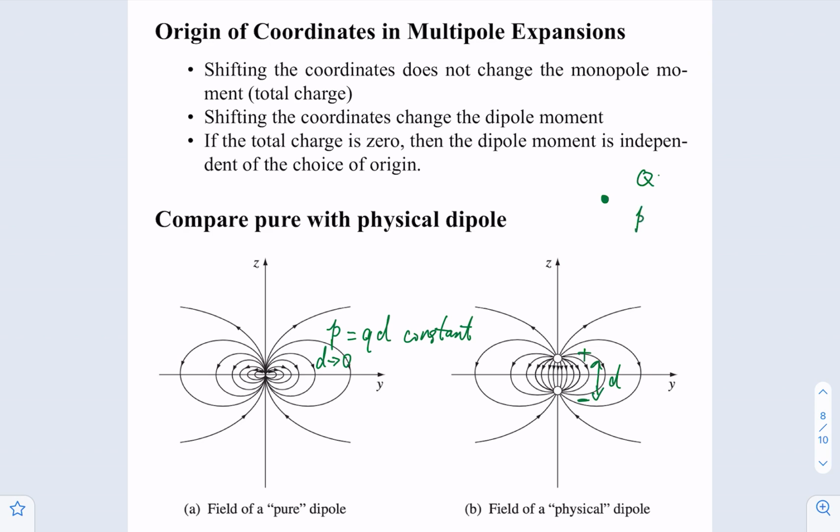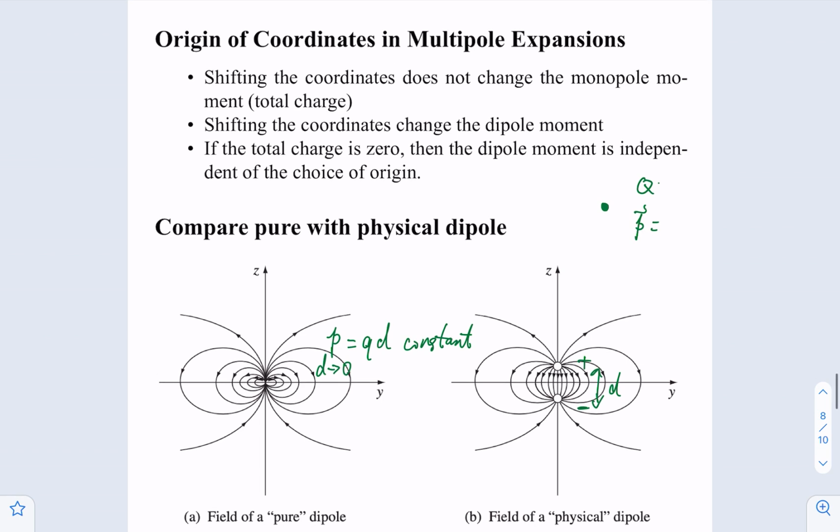And if you calculate the dipole moment, that is the integral of r d tau. For a point charge, this is simply the sum of Ri times Qi. For a single charge, you can see that this actually depends on where your origin is.